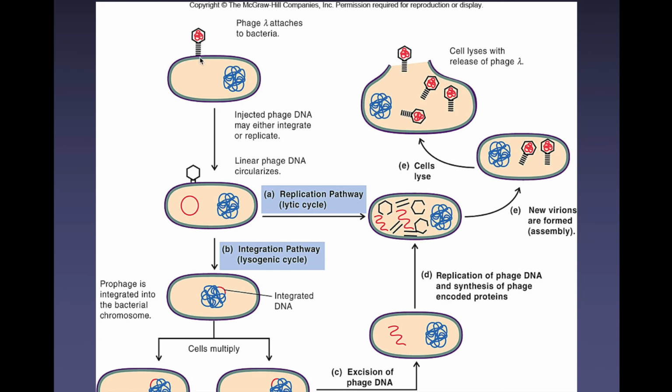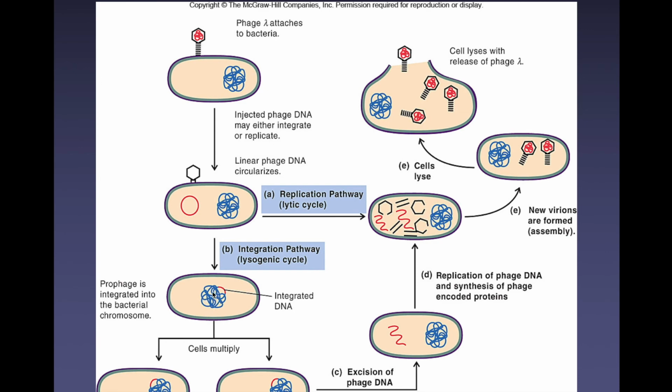These temperate phages prefer to enter into a period of lysogeny and not to generate a productive infection. So in this case, we have injection of phage DNA, and here's a picture of that phage DNA, that linear DNA that circularizes, and then we have that integration that we saw before in that picture, and this is called the prophage stage, right? The prophage is integrated into the bacterial chromosome.